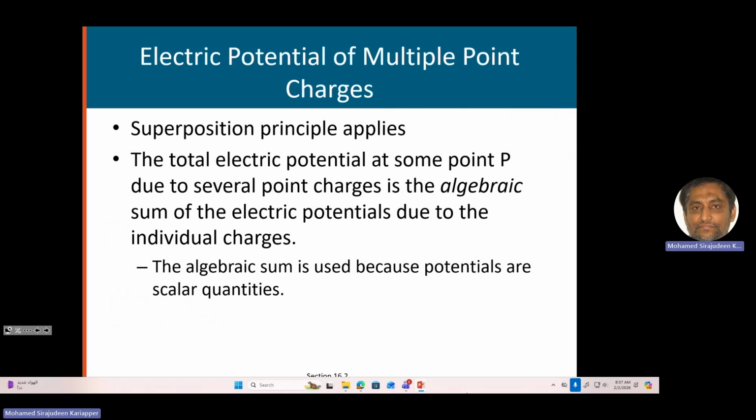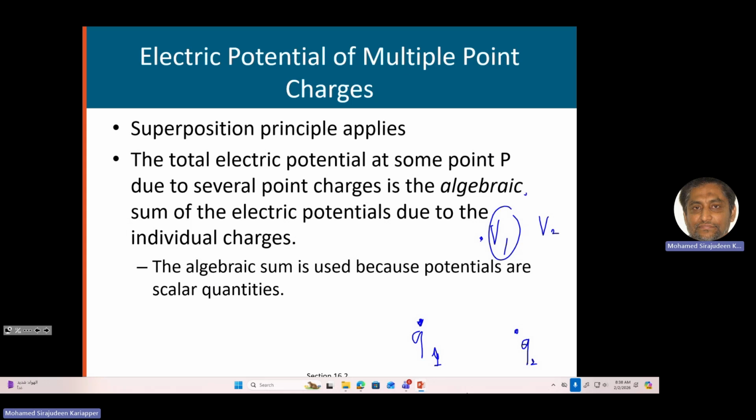Now, electric potential obeys the principle of superposition. Suppose you have a charge Q1, and due to this charge Q1 in the space, at this point, you will have the potential V1. You can have another charge, say Q2, and due to this charge Q2, at the same point, it will create a potential, say V2.